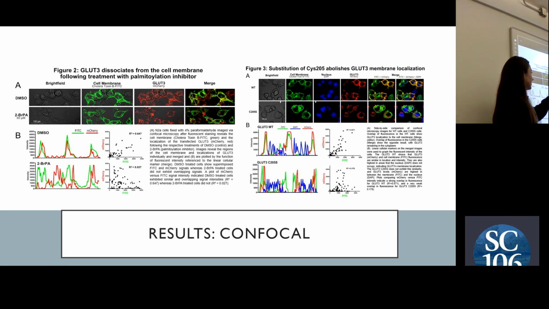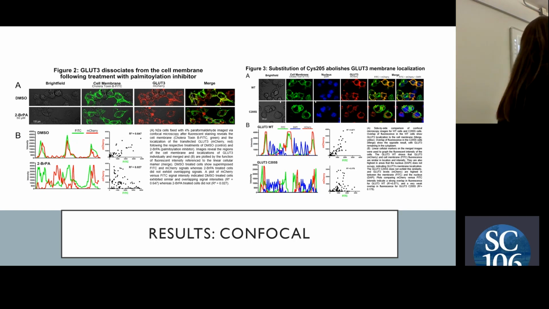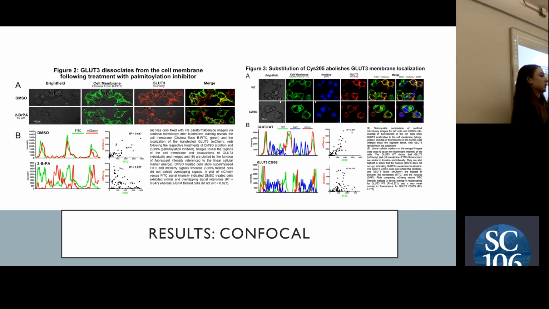This green staining is staining the plasma membrane of these neuronal cells. We also tagged mCherry, in red, to our transfected GLUTs. And over here, you'll see a blue stain that stains the nuclei. In figure 2, on the side over here, we have two treatment groups: DMSO and a palmitoylation inhibitor. In this first row, we see DMSO as our control.